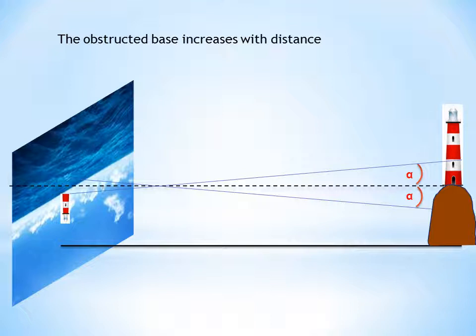As we saw, beyond this angle, objects disappear. We can speculate that what happened below the line of sight applies also above. This means that the lower part of the tower will be invisible, and this obstructed part will increase if the tower is farther away.